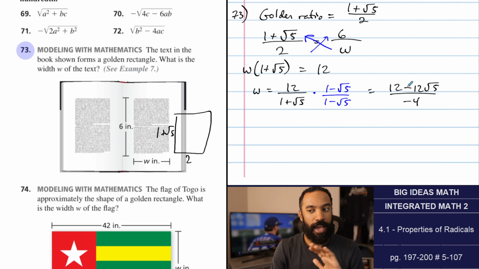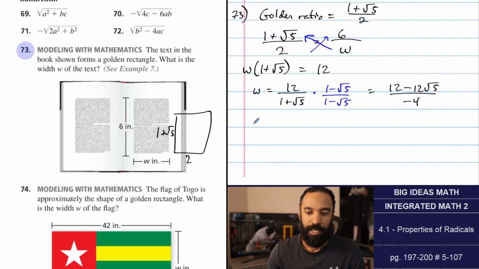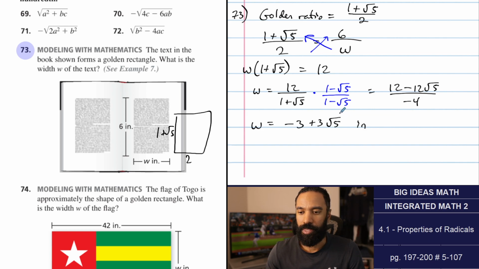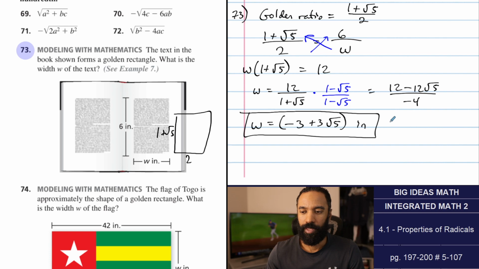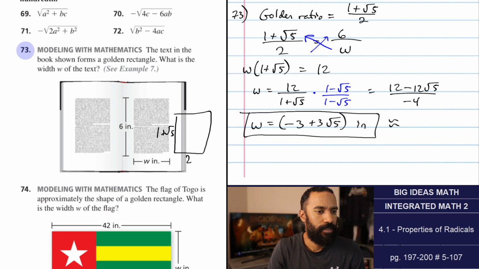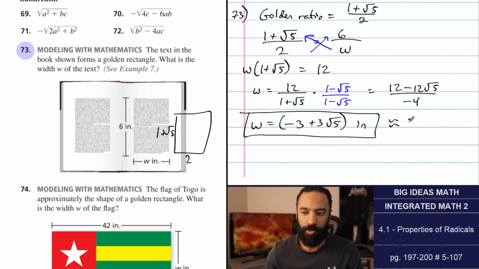Now, these can actually divide. 12 divided by negative 4 is negative 3. Negative 12 divided by negative 4 is positive 3. Negative 3 plus 3 root 5 inches. Is this inches? Yeah. Width of the text. That is the width of the text right there. Exactly, negative 3 plus 3 root 5. It's approximated to 3.71 inches.